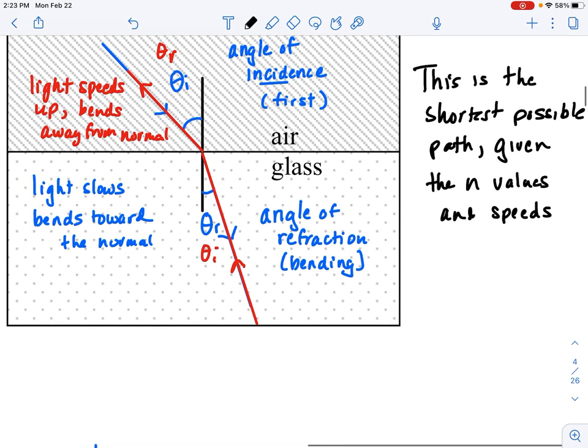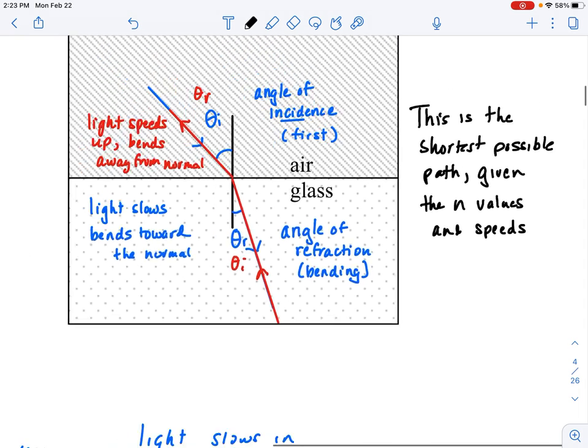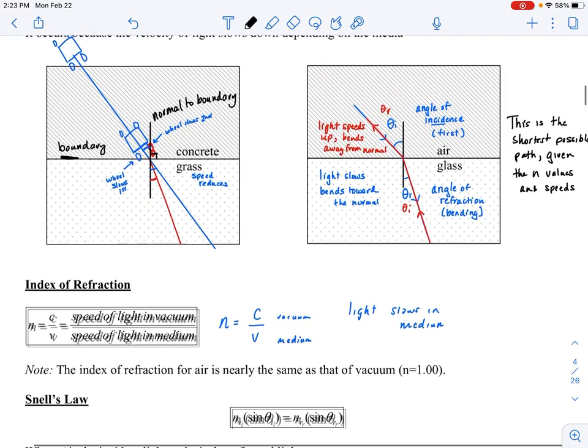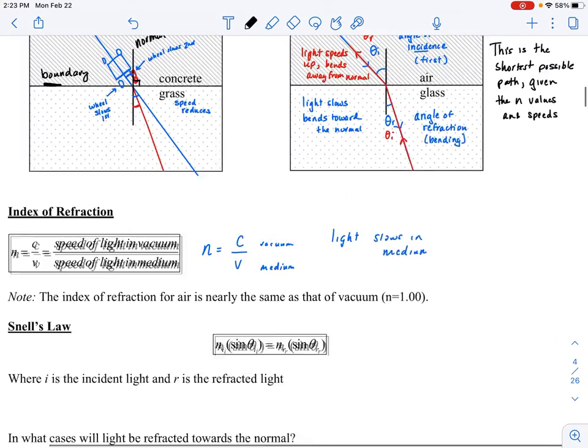So the idea here is that when the light slows, it's going to go a distance that's a little bit shorter than if it had not slowed down. So the light ends up taking the shortest possible path, or the path of the least amount of time.